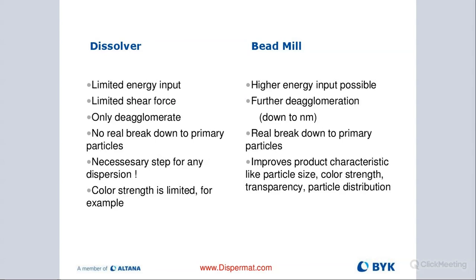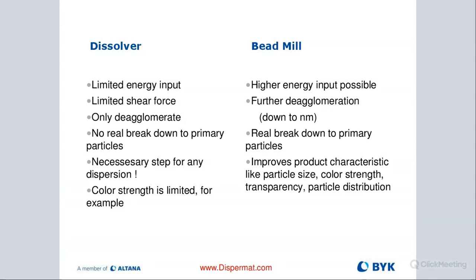When we are milling, compared to just using blades, we have customers who sometimes say, can I achieve a good result with just a dissolver? It depends on what you consider a good result. But the problem with the dissolver is that we can only put in a certain amount of energy. That's why 10 microns is kind of the threshold of how low we can go with the particle size.